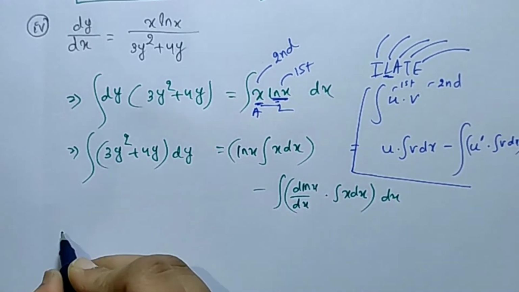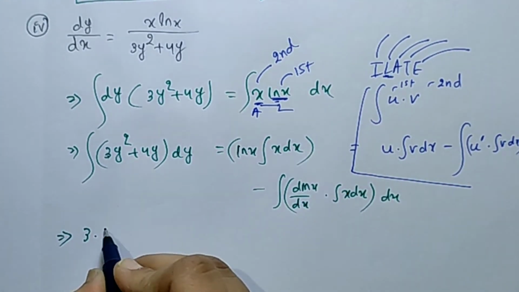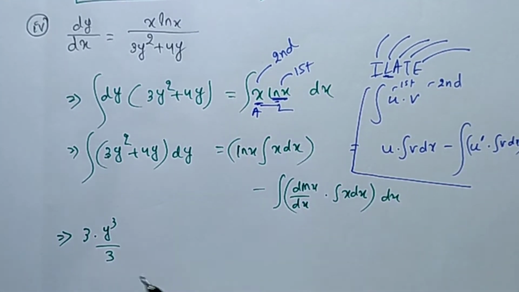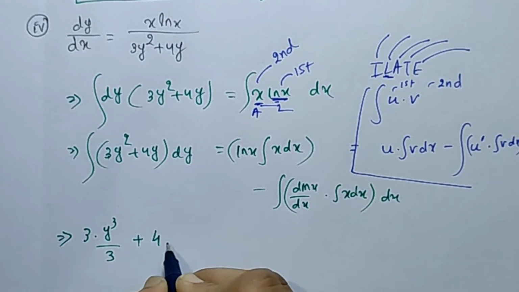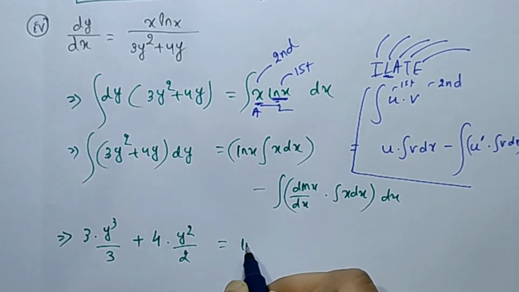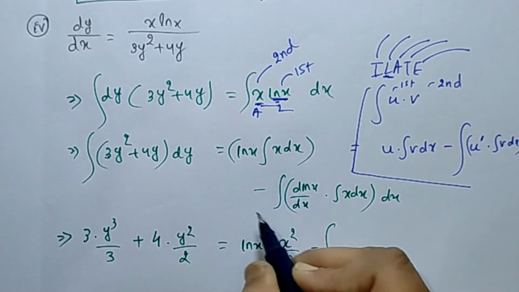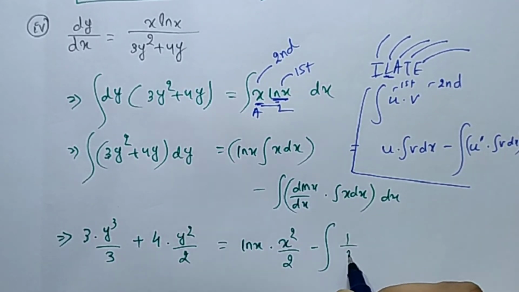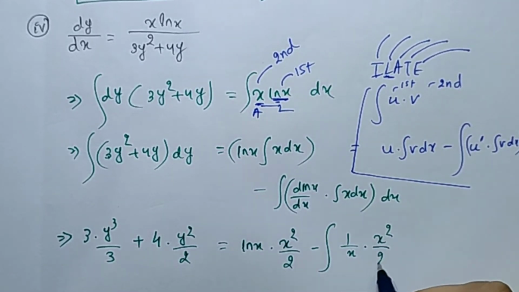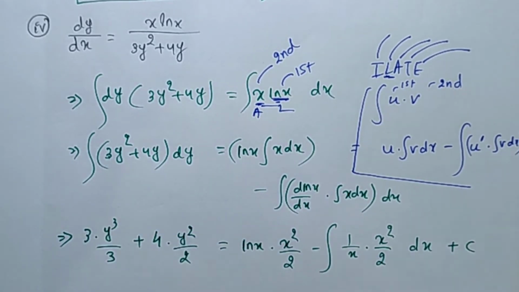This implies that 3 is constant, so out of the integration, y square integration will be y cube by 3 plus 4 into integration of y is y square by 2 is equal to ln x into integration of x is x square by 2 minus the whole integration: ln x derivative is 1 by x, x integration is x square by 2 into dx. We already found the integration term, so we can write here plus c, or if you want to write this plus c in the last step, then you can also write that.